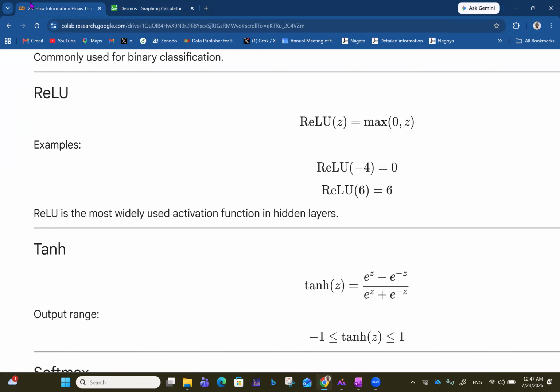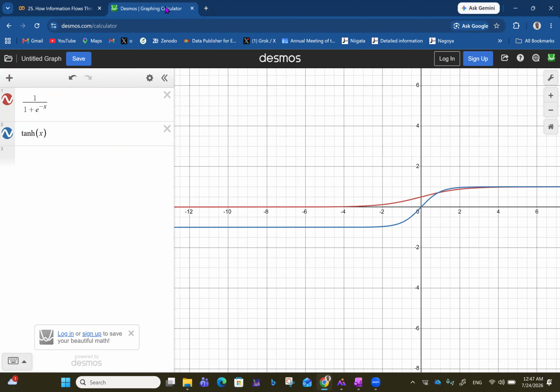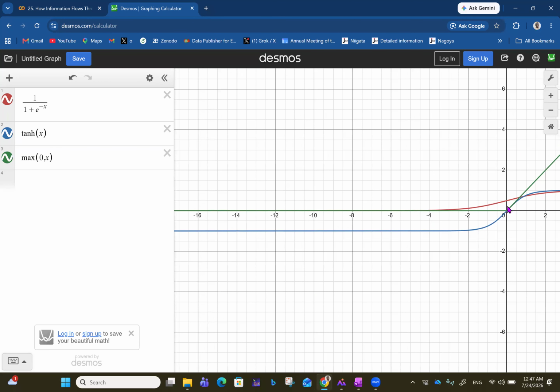So let me see, can I do ReLU here? ReLU is just the maximum of 0 and x. How can I pull that off? Let me just try. Max of 0, x. I doubt it. Oh, really? It's working. Okay, yeah, now that's interesting. So you see everything negative on the negative side for the maximum, right?